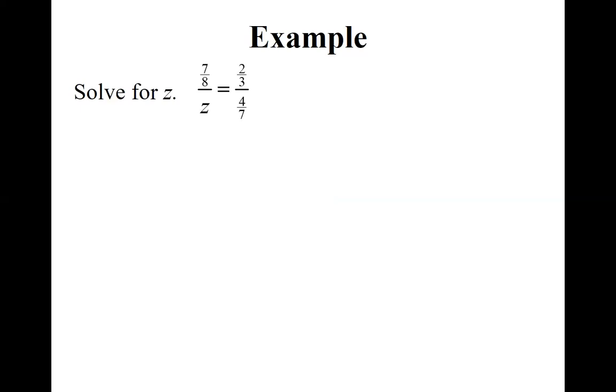Fractions. Doesn't change what we do. Take the cross products and set them equal to each other. 7/8 times 4/7 equals 2/3 times z.